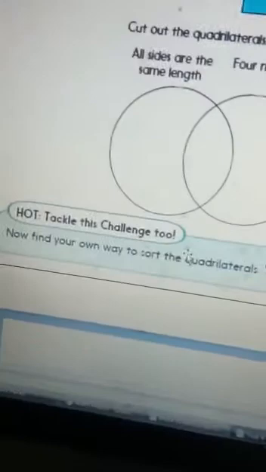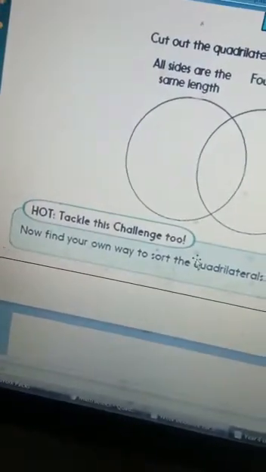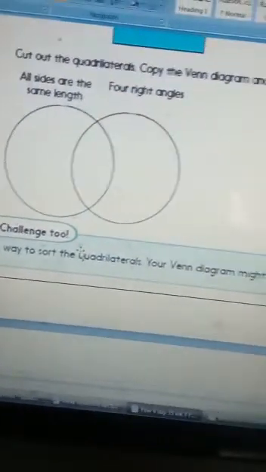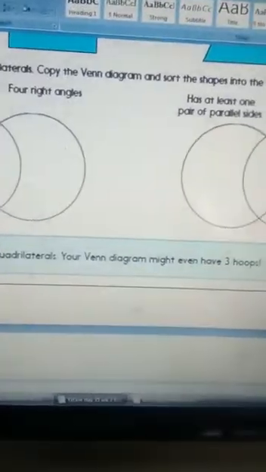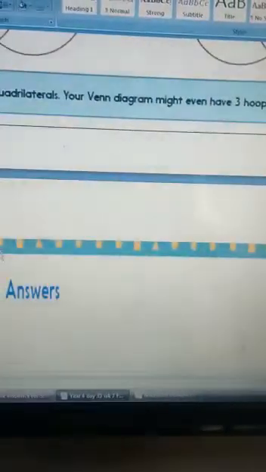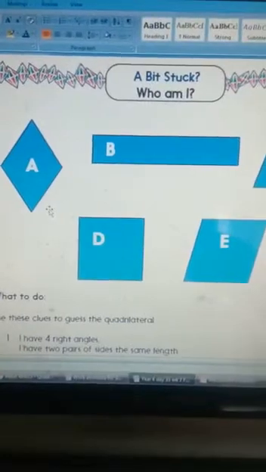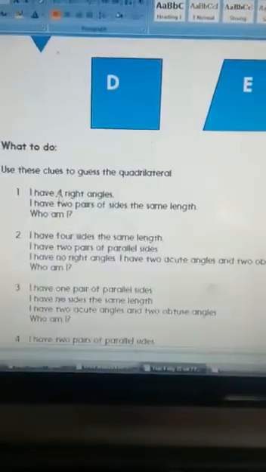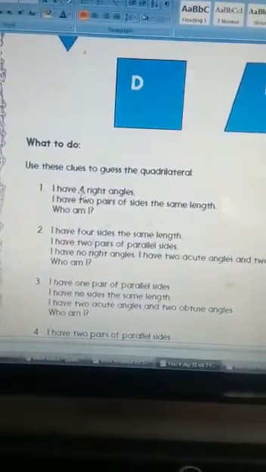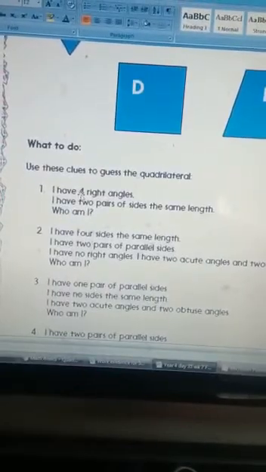And then you've got a challenge. Now find your own way to sort the quadrilaterals. Your Venn diagram might even have 3 hoops. Well, that's a challenge. And if you're a little bit stuck, you've got 5 shapes labelled A to E, and you've got to put them next to these clues.